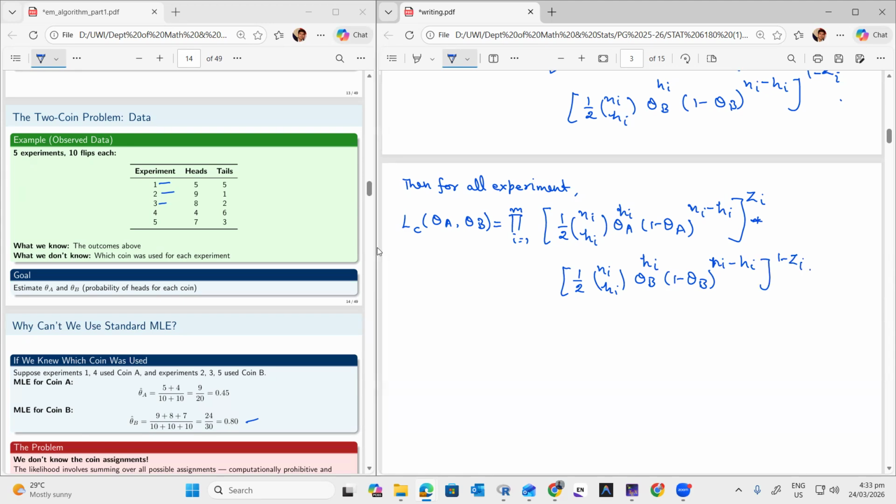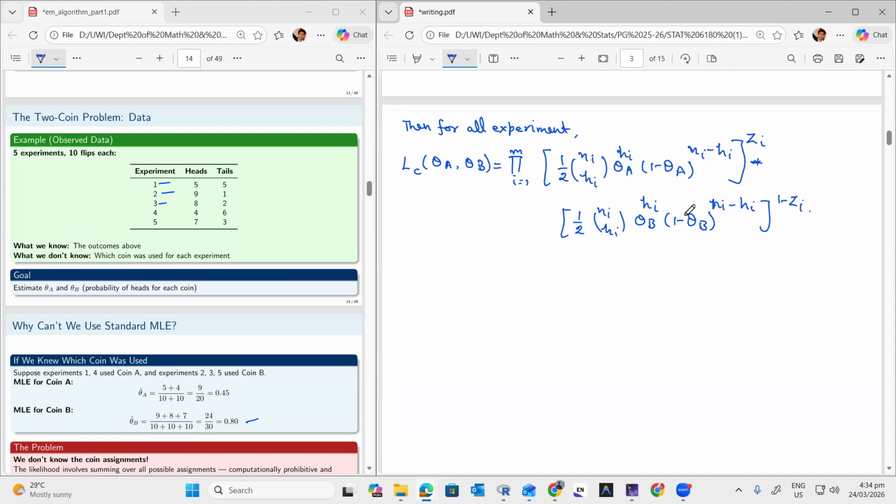Alright. After that we will take the log likelihood of this complete data, so that we can find the MLE. So we are going to take the log on both sides.